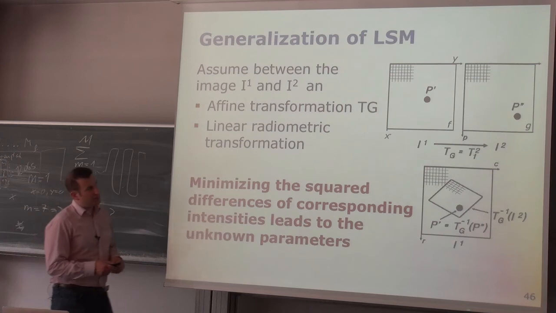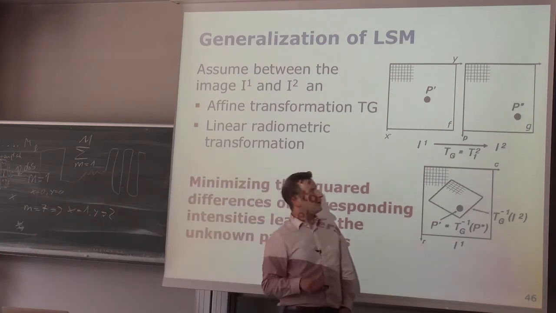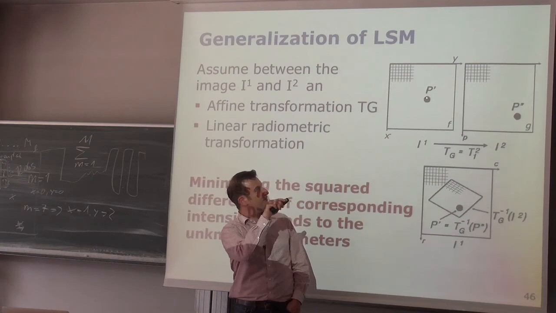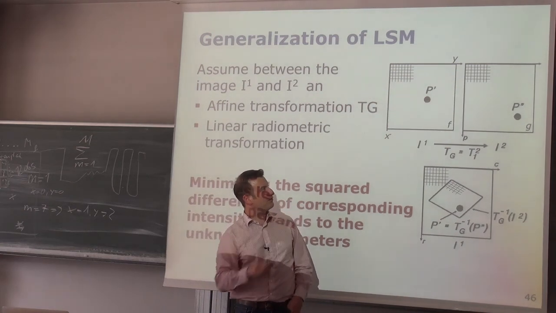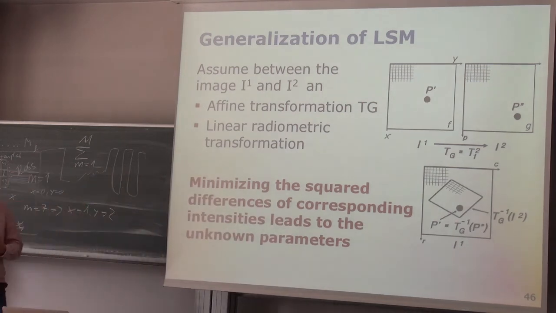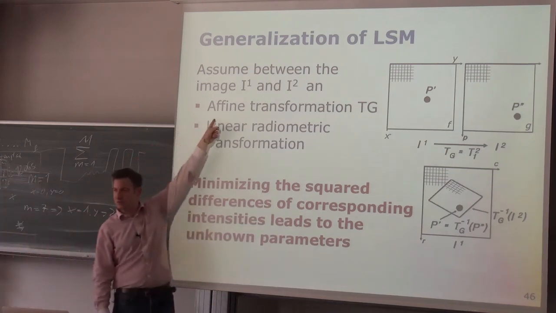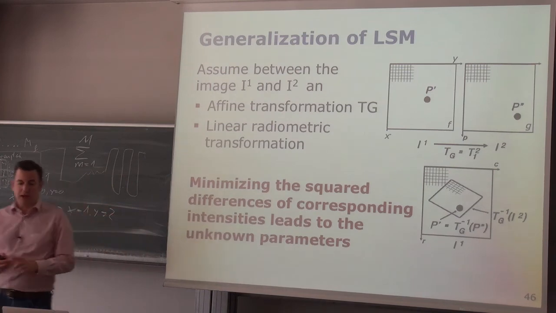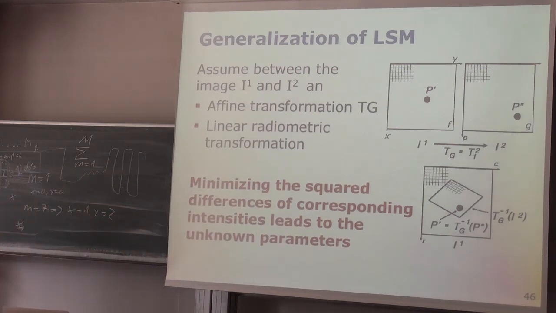So consider we have 2 images which we want to align. The point P in image number 1 corresponds to this point, but they are even rotated, or there could be, for example, a shear in there and a scale change. So we have an affine transformation from one image to the other image. And we assume we have a linear radiometric transformation.